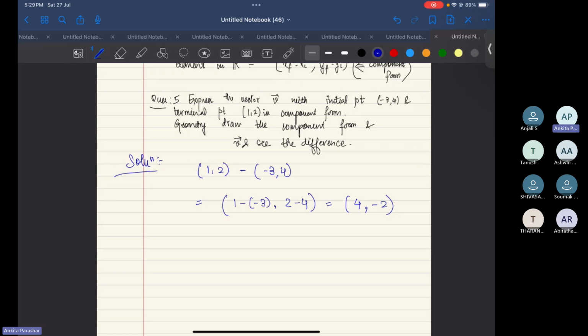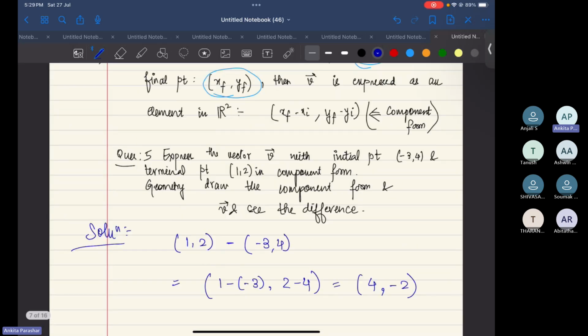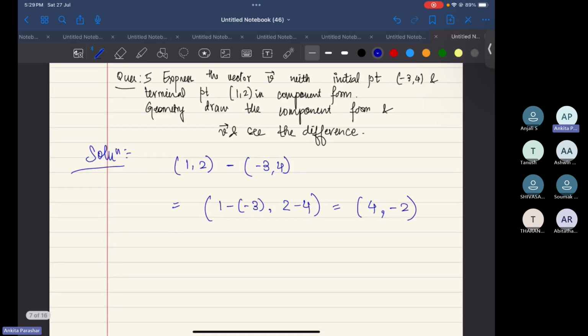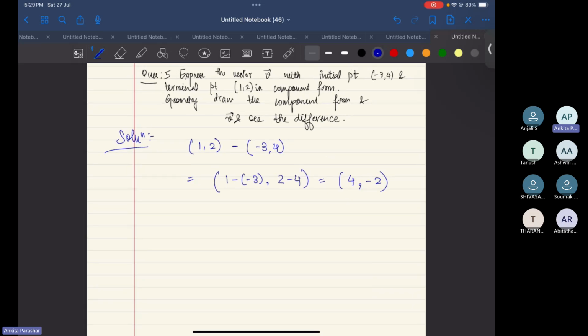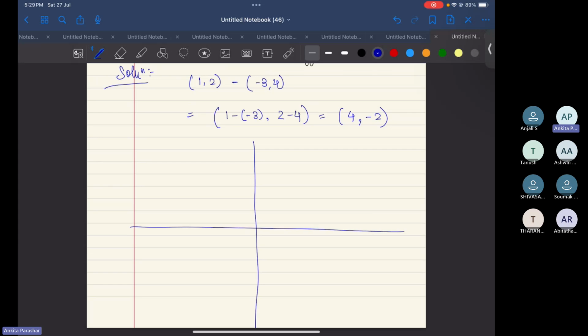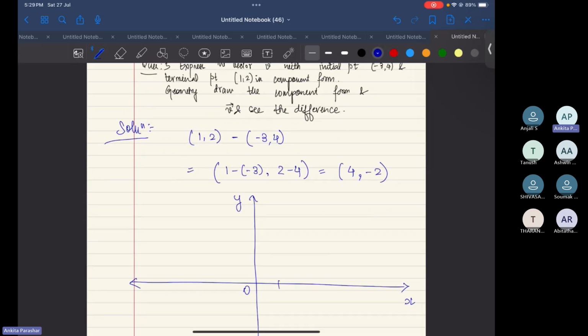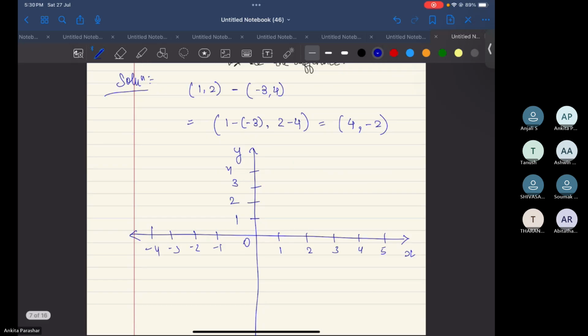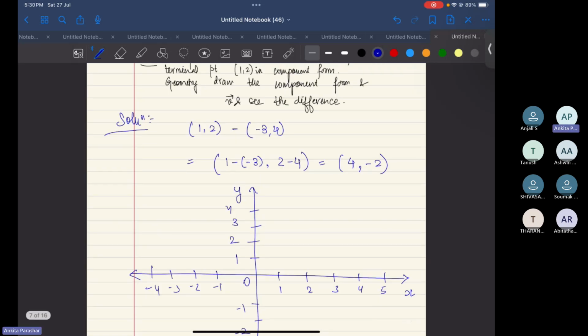Now, why we are doing all this, you will see by drawing it. So let's draw these vectors and try to see. Can you help me in drawing these vectors? This is our x axis. This is our y axis.